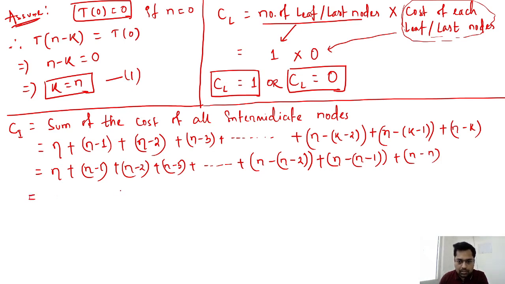Once you are substituting, I am just writing the same thing again: n minus 1, n minus 2, n minus 3, plus dot dot.